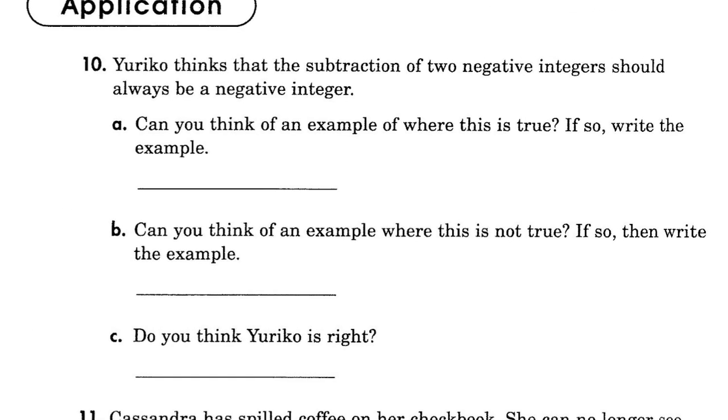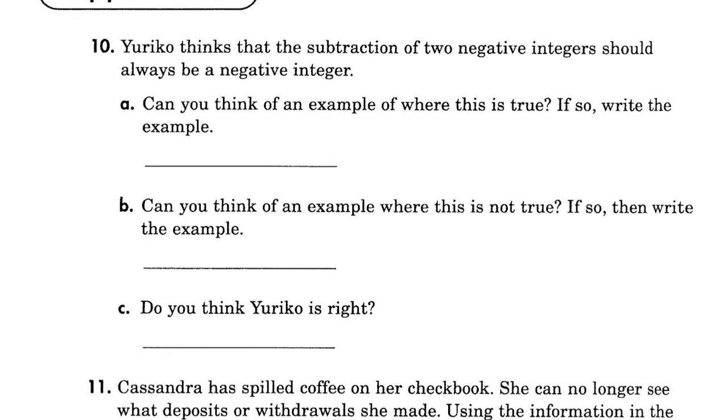Down here on number 10, it says Yurkio thinks that subtraction of two negative numbers should always be a negative number. Can you think of an example where this is true? If so, write the example. Well, let's think about it. If I have a number of negative 6 and I'm subtracting from it negative 2, I'm going to add the opposite.